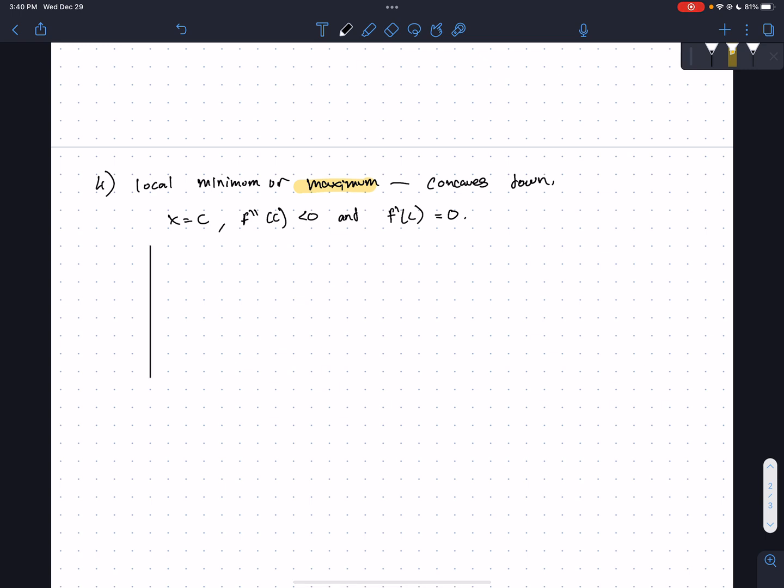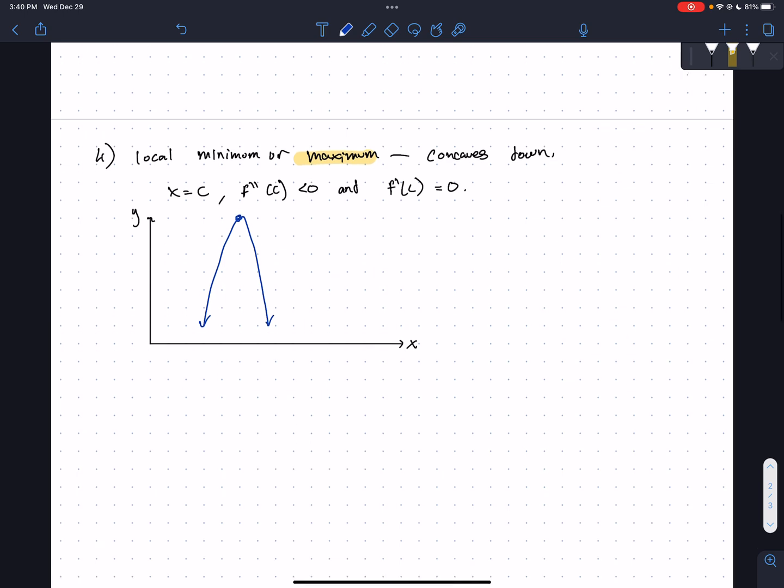We're going to create a Cartesian plane, and let's say this is just a rough sketch.